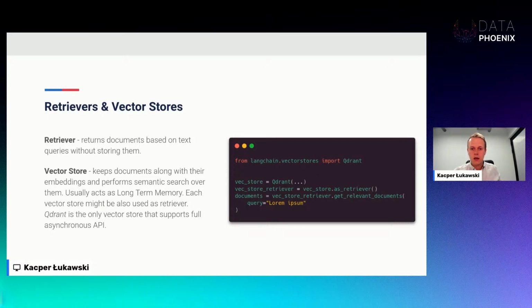And the next things are retrievers and vector stores. Actually, this is pretty important because an LLM is a system that was trained on some data, and it's pretty useful to generate text, but it has no clue about the particular knowledge that you may have, like the documents of your company, or even private Slack conversations. We could possibly feed them into the LLM, but they were not used during the training phase, so it cannot really tell anything about this particular data.